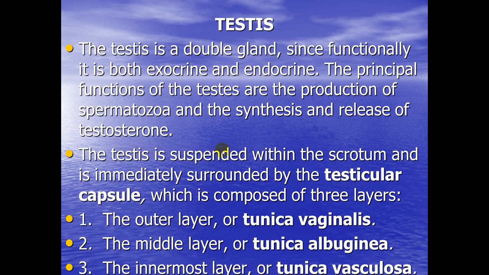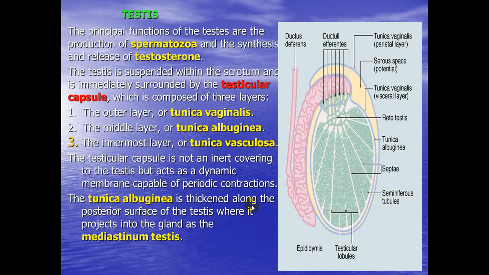The testis is suspended within the scrotum and is immediately surrounded by the testicular capsule. It has three layers, as I told you. The outer layer is the tunica vaginalis, the middle layer is the tunica albuginea, and the innermost layer is the tunica vasculosa. You can see the outer tunic has two layers: the tunica vaginalis parietal layer and the tunica vaginalis visceral layer.